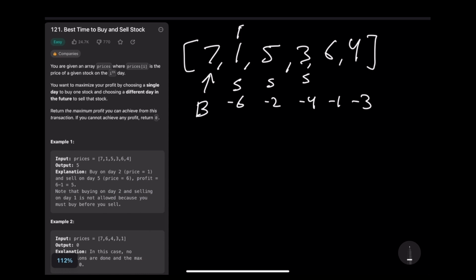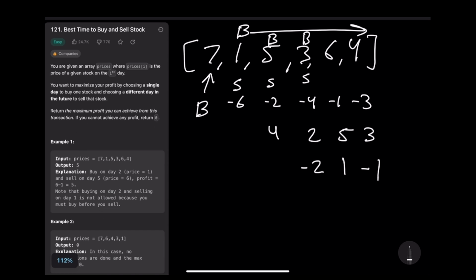If we buy at 1, we can sell at any of these 4, and we would make 4, 2, 5, and 3. If we buy at 5, we could make minus 2, plus 1, or minus 1.